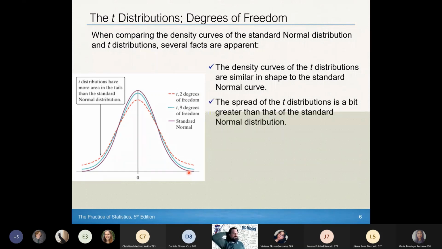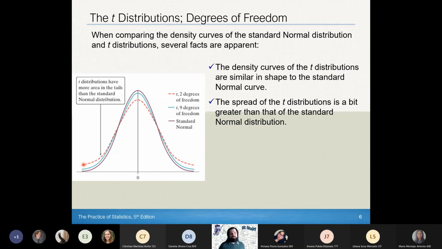The spread of the t distribution is a bit greater than that of the standard normal distribution. And we get these varied t distribution curves because the variance of these curves depends on the size of the sample.